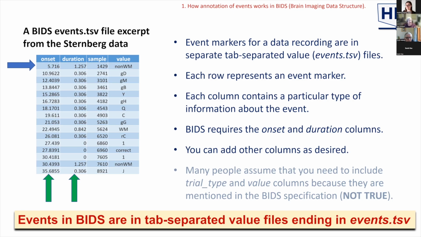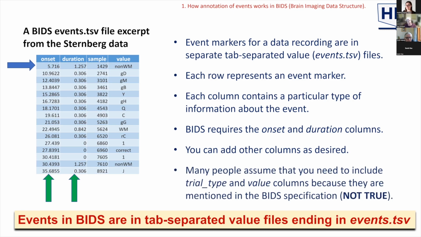And it uses a value column as the event type, and that value column is one of those mentioned as a recommended or optional column in BIDS. There's some other columns that are also mentioned in the spec, such as the trial type and the stimuli column.